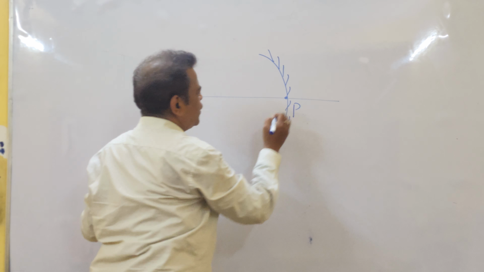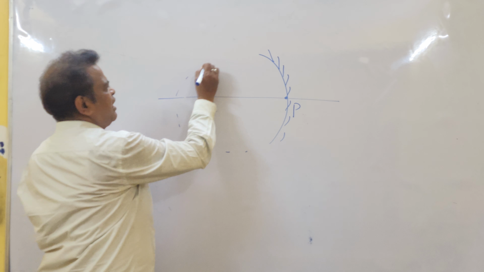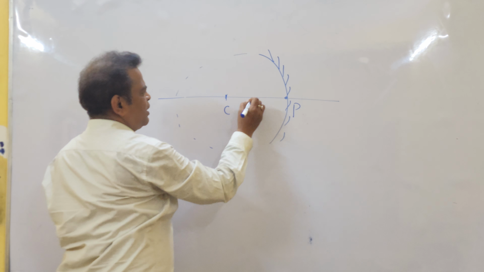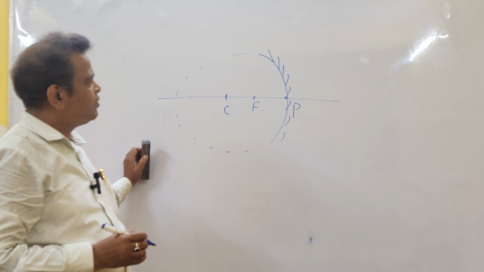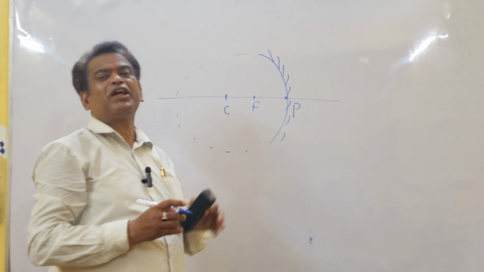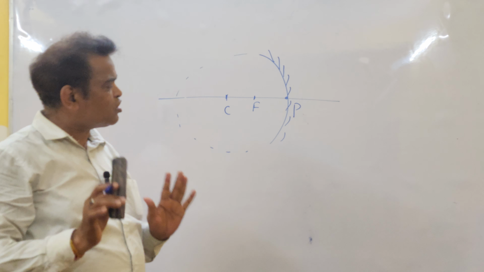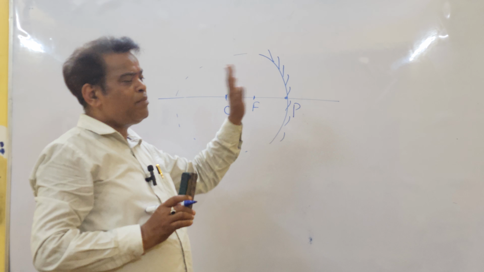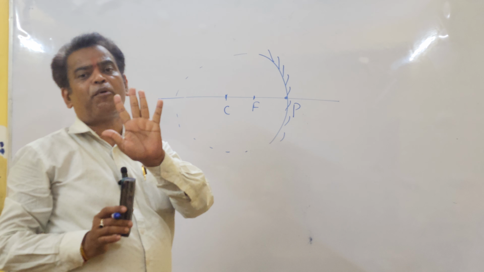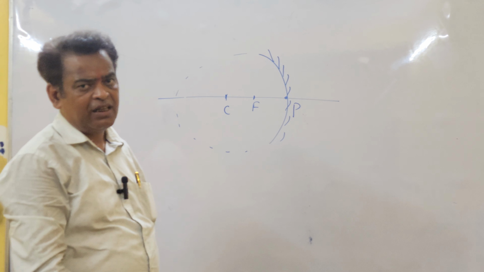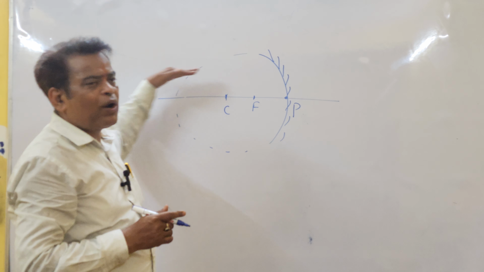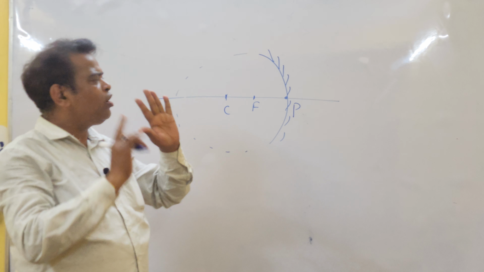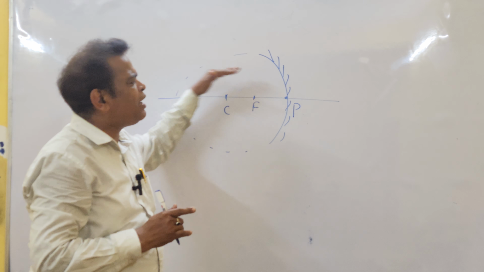It is the pole of the concave mirror, and you see here, this point is the center of curvature, and this is the position of the focus. This is the figure for the concave mirror. In sign conventions you have to remember only 5 points. The first point: number 1, all the rays of light should be drawn from left to right.